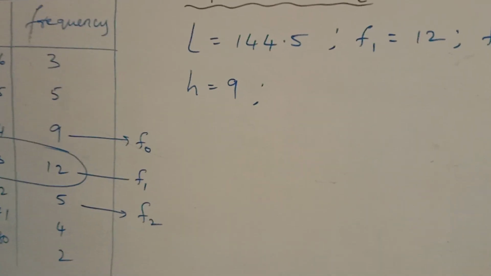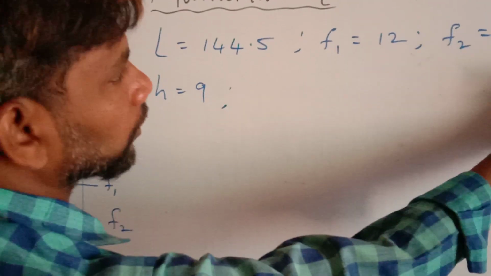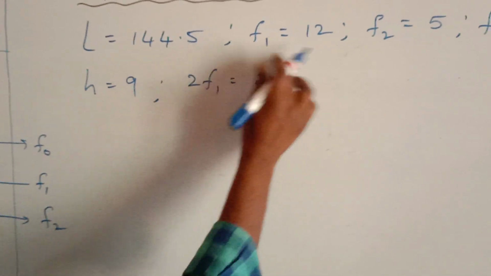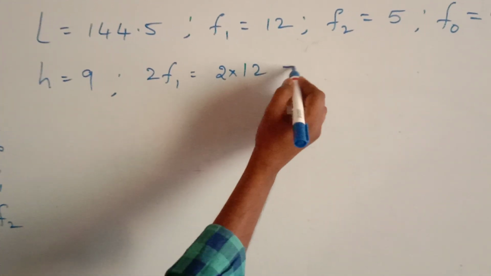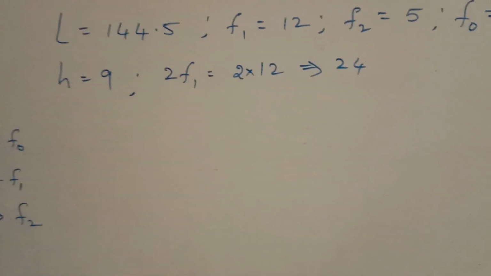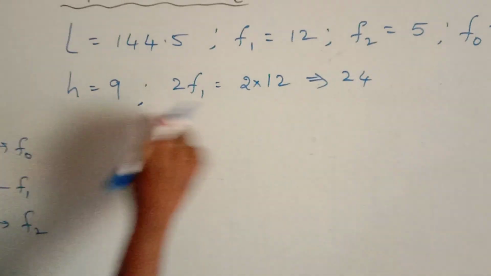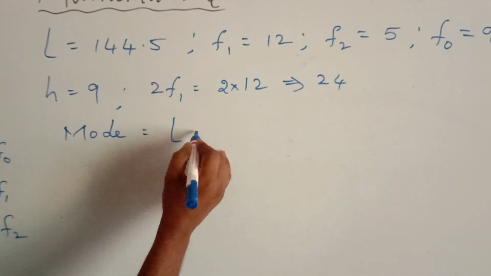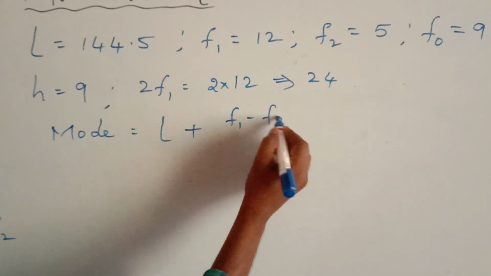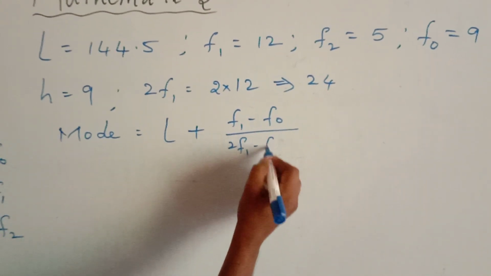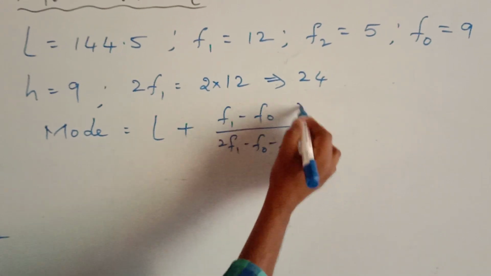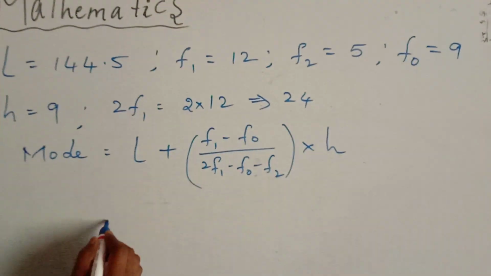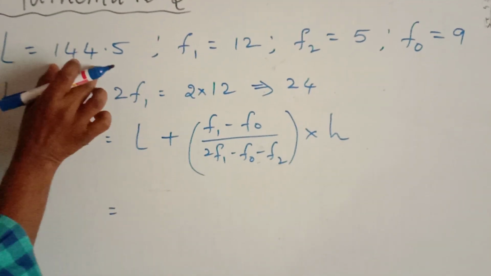At the same time, F1, F2, and F0 you got, and you want 2F1. 2F1 is 2 into 12, which is 24. Now you can write down the formula: Mode equals L plus (F1 minus F0) divided by (2F1 minus F0 minus F2), into H. What is the L value here? 144.5.